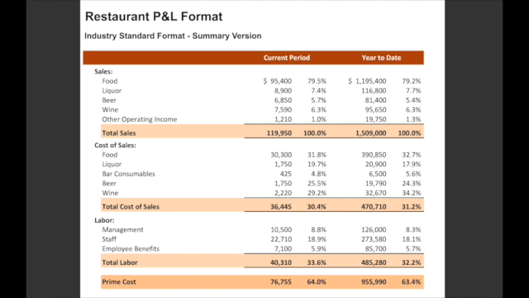Another source of other operating income I should talk about, a great example, would be gift certificates. Another example: you might have an online store or some type of online retail space in addition to your in-store retail space. You can break that out, or you can look at it at a high level. If you don't sell alcoholic beverages in your establishment, you can certainly back out beer and wine.